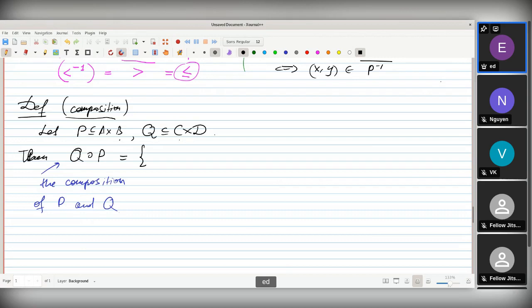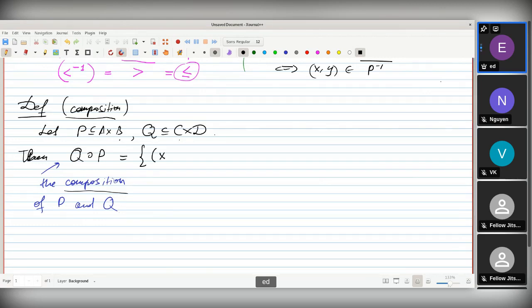So, say in Russian and other European languages, we prefer writing from the left to the right. But here the composition is to be read from the right to the left. Later, we shall see why. The composition of P and Q, what is it?